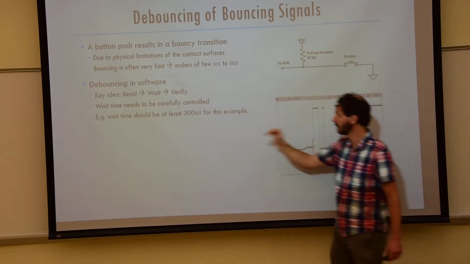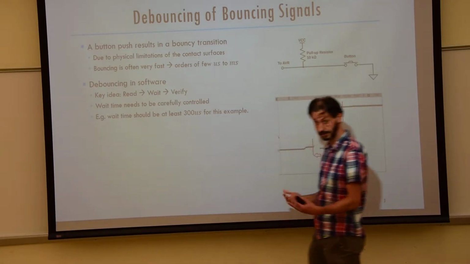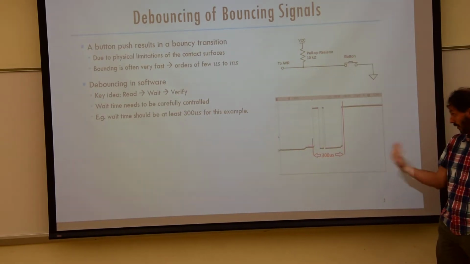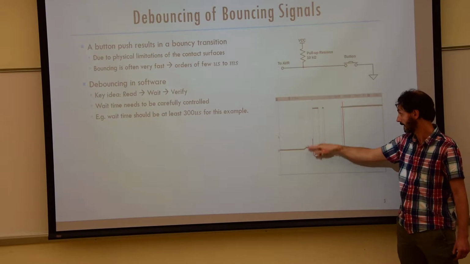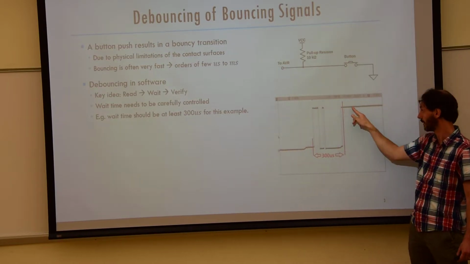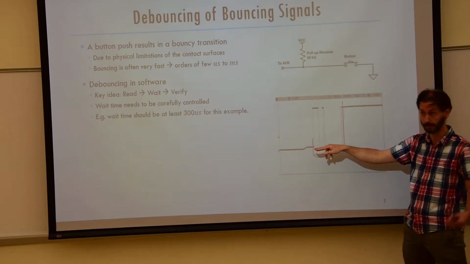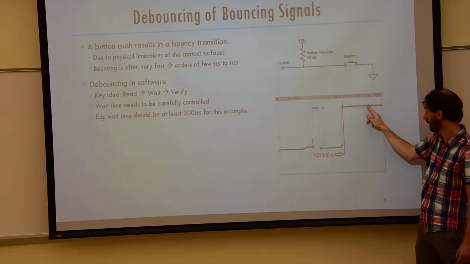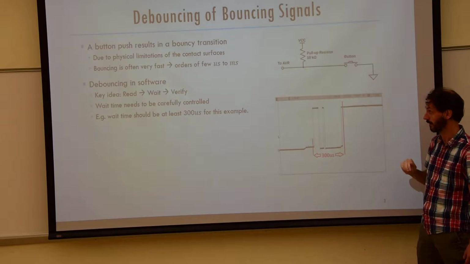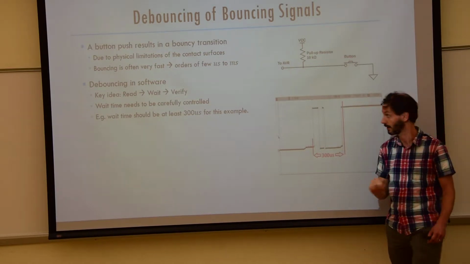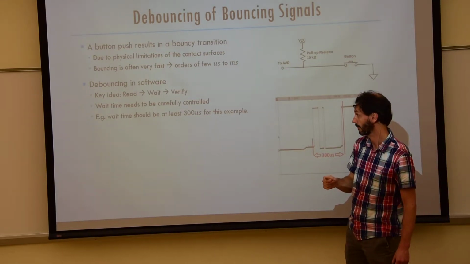That is what you can do in software, as I said, in two different ways. One is detecting the rising edge through polling, and then you simply wait, or through an interrupt service routine, for example an external interrupt, and again you wait, and then you will figure out whether it was really true that you saw a button push.